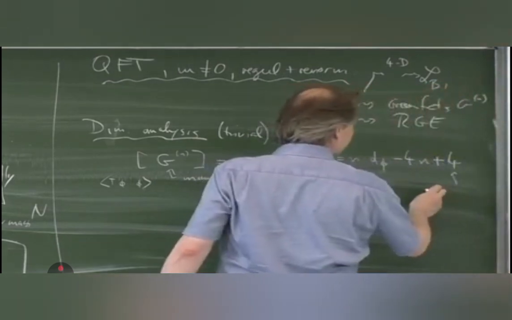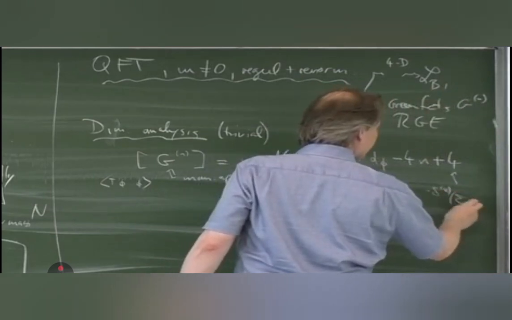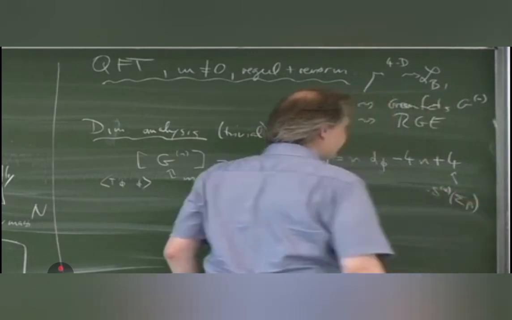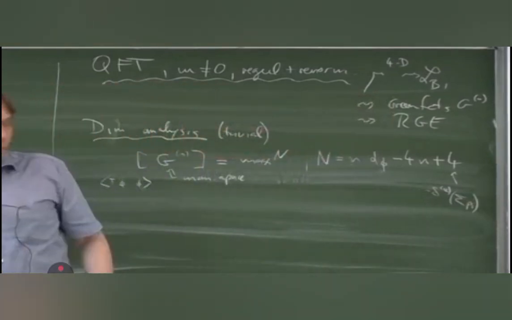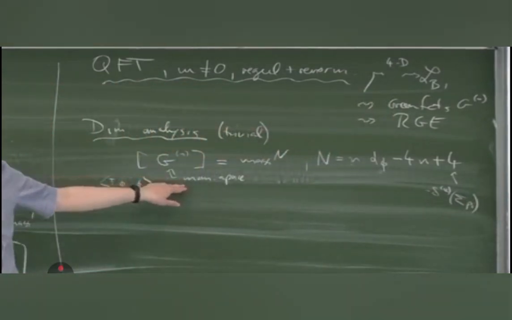This plus 4 comes from the delta function of the sum of all incoming momenta, which always arises as a byproduct of Fourier transformation into momentum space.